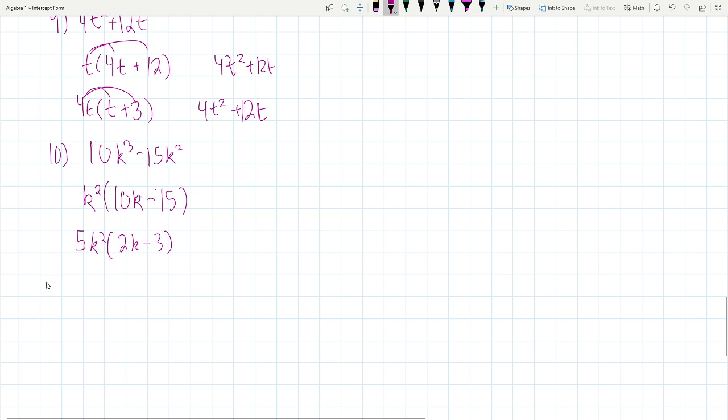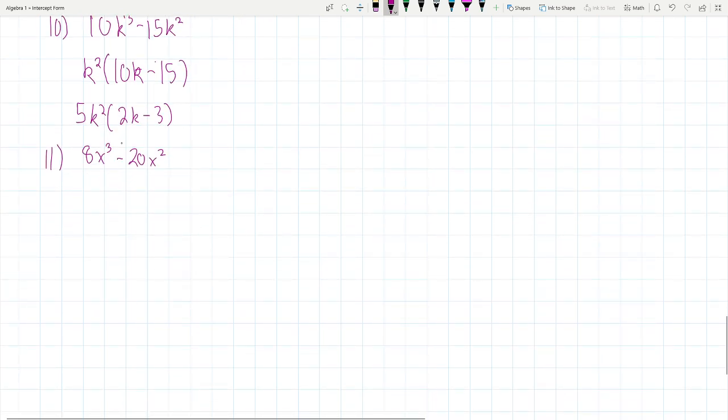All right, number 11. If I have 8x cubed minus 20x squared. First thing I notice is they both have x, and they both have x all the way up to 2. So I'm going to take out x squared. So I get 8x minus 20.